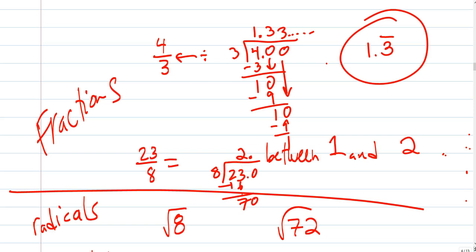That's too big. 8 times 8 would be 64. Leaves us with 6. Another 0. 8 into 60. 8 times 5 is 40, 8 times 6, 8 times 7 would be 56.